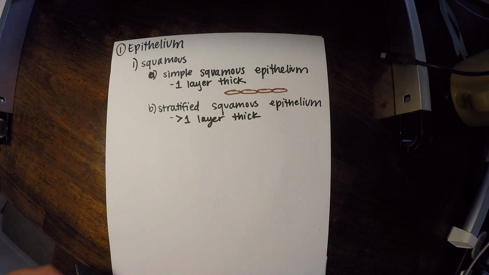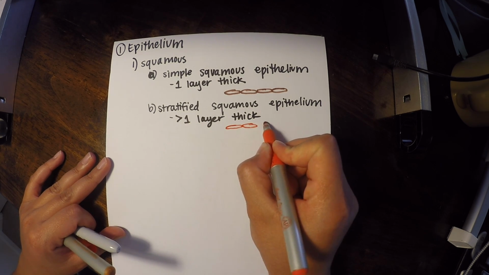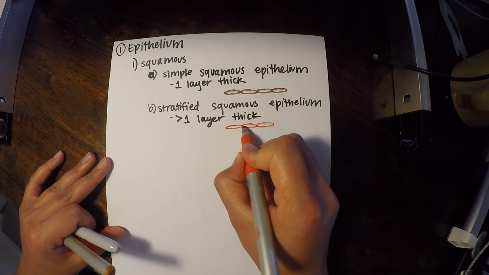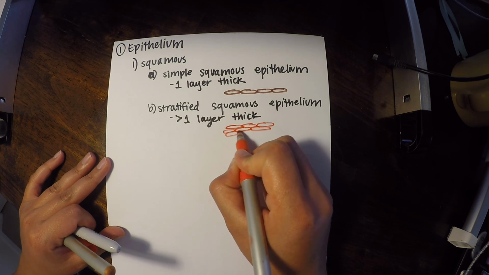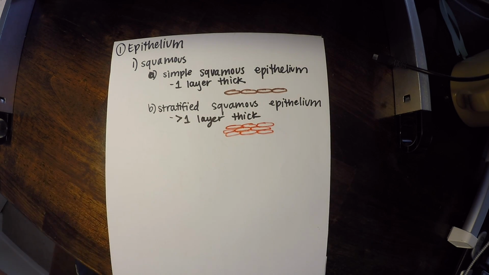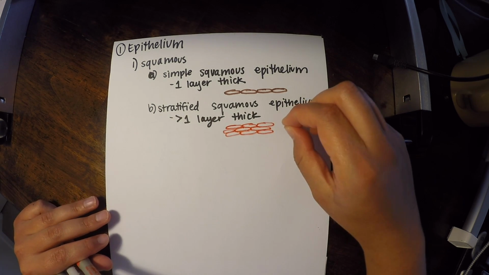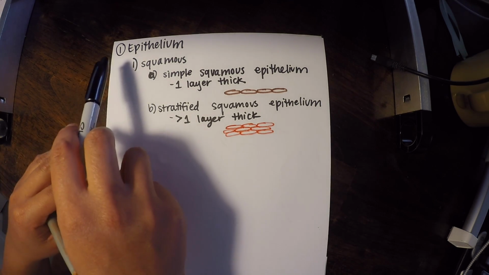So, as you can imagine, the stratified squamous epithelium is going to look pretty similar to the simple squamous epithelium, but it's just going to be more than one layer thick. So we've got the stratified, multiple layers, the squamous, which is that squished-shaped cell, and the epithelium, which makes it a lining. Alrighty, so that's our first type of epithelium.